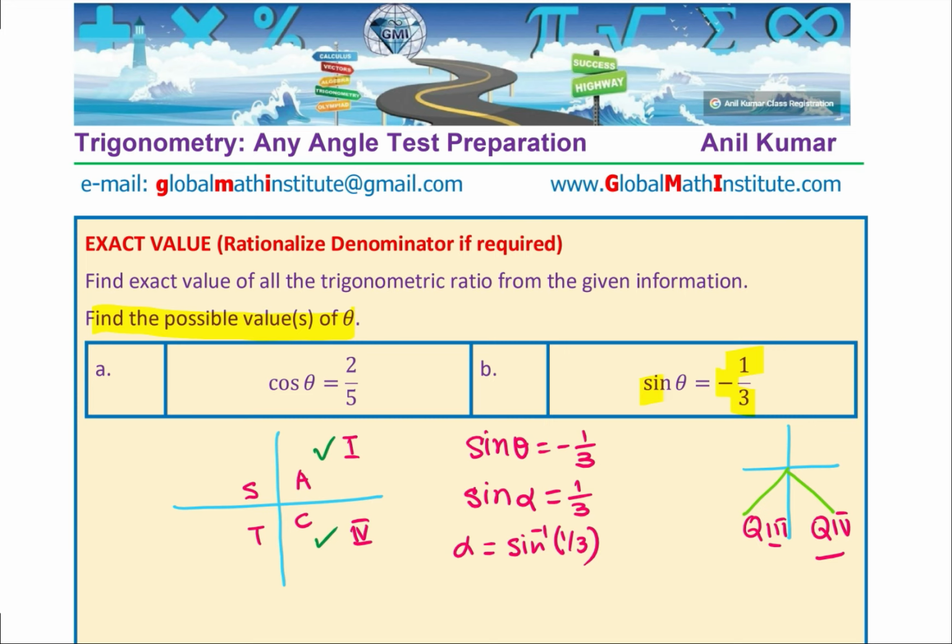It is equal to 19.47. So alpha is equal to 19.471, right? So I'm rounding this to 19.5. So we got the related acute angle, but to work with, I'm going to work with at least 3 or 4 decimal places. You get the idea, right?